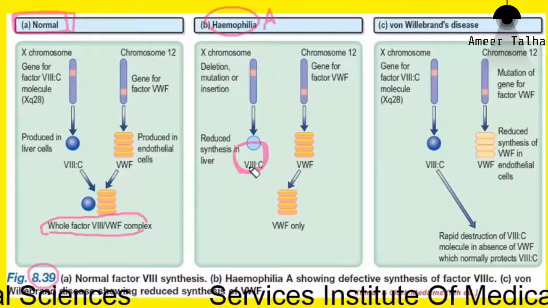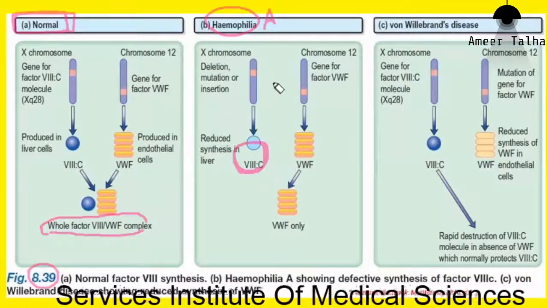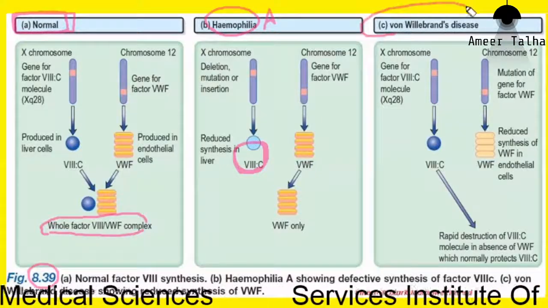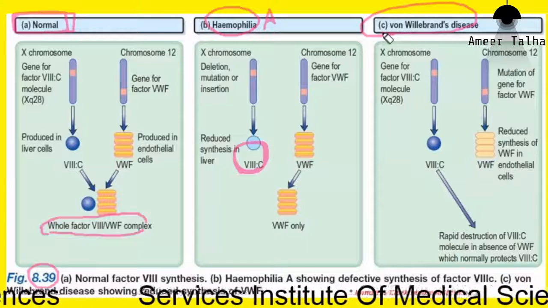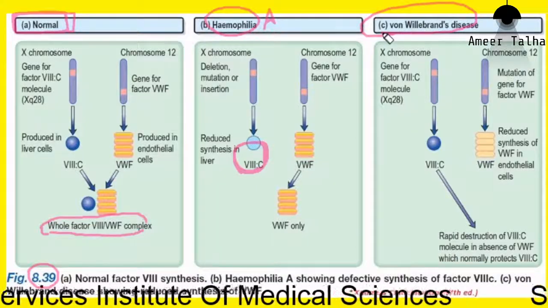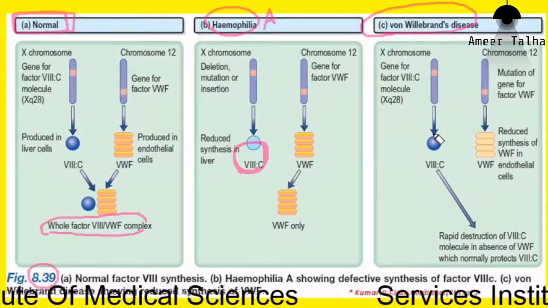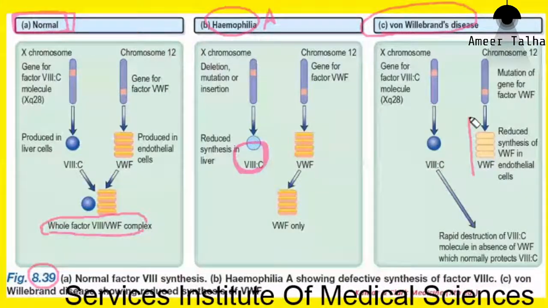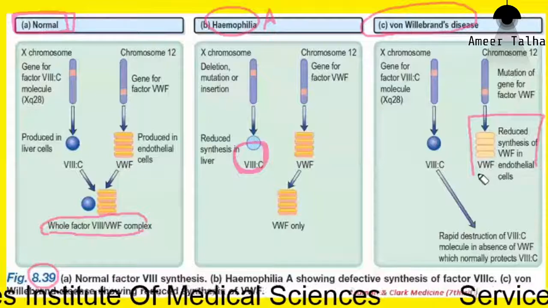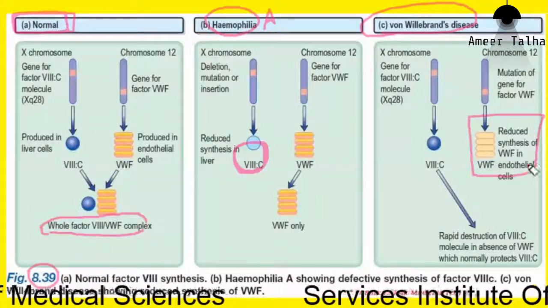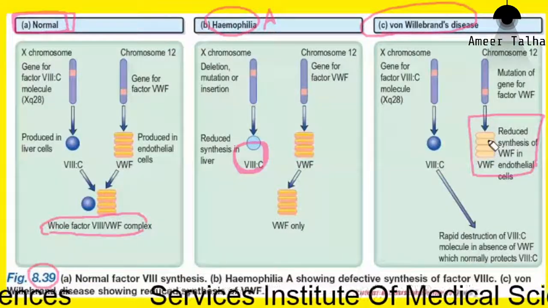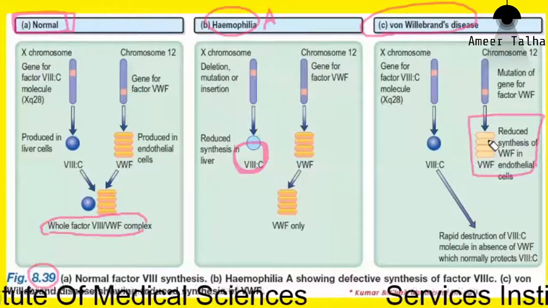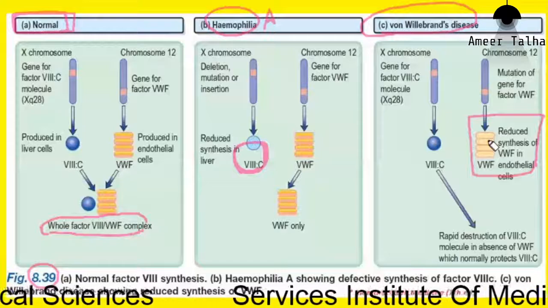Now, the figure on your right hand side, figure C, focus here. This is von Willebrand disease, VWD. So, what happens in VWD? The synthesis of the larger component VWF is reduced. This is the larger component. When the VWF is on the lower side, this will lead to impaired platelet adhesion, number one.